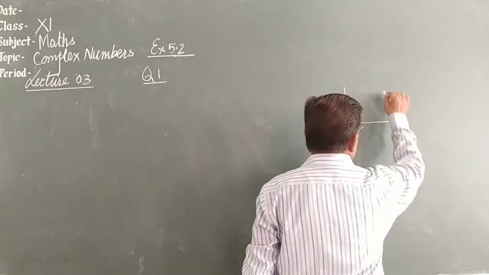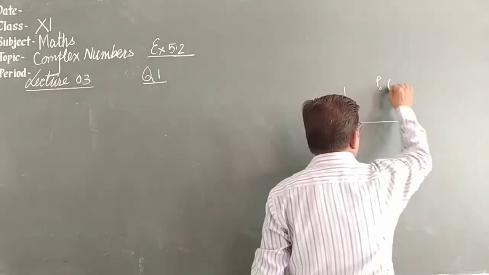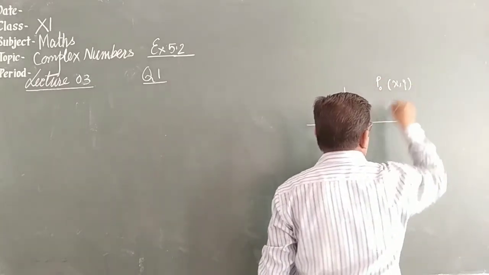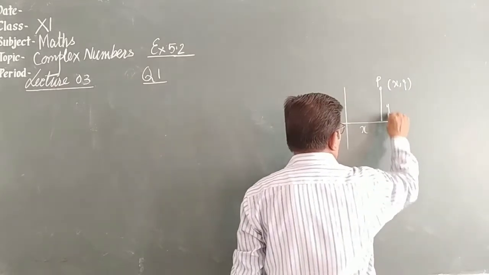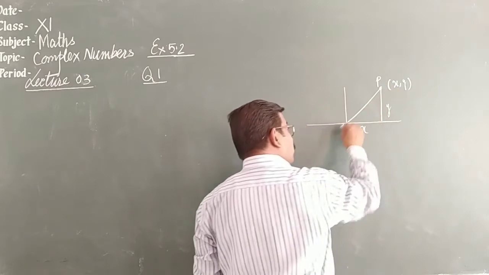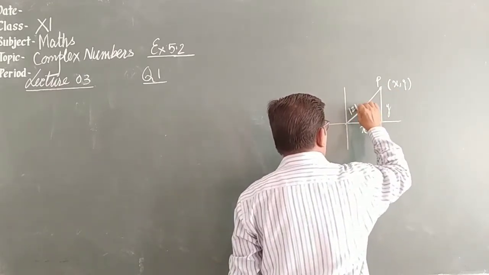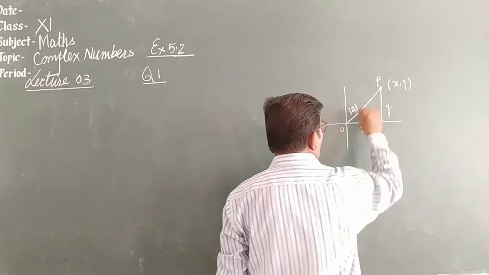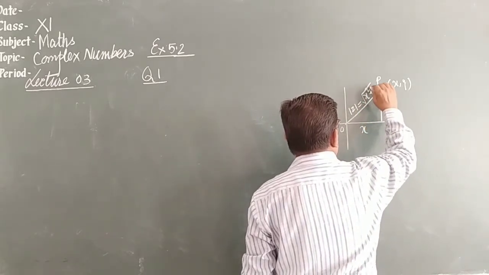I told you, if any point is lying in any of the quadrants and its coordinates are x and y, so its abscissa is x and ordinate is y. Now this distance OP is called the mod of z and it is under root x square plus y square.